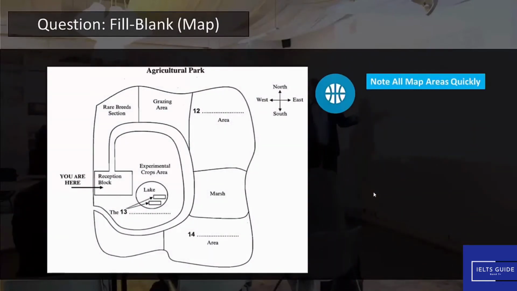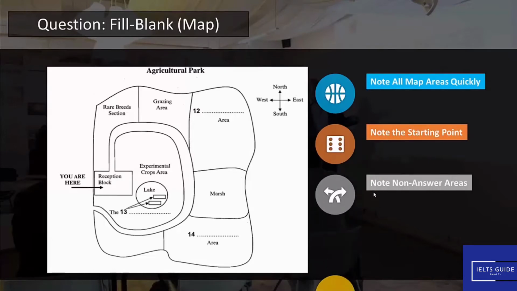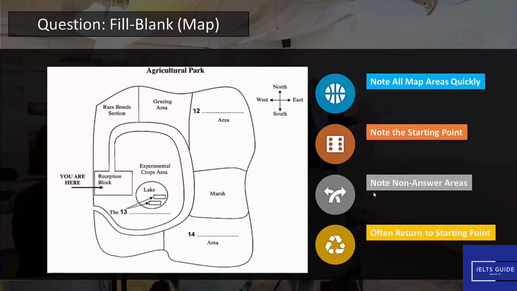The next fill in the blank question that you can encounter will most likely happen in section number 2, and it's a map. But it's still basically a fill in the blank question. You're just filling in the blank lines on a map. So when you're doing a map question, you want to note all of the map areas, not just where the blank lines are.